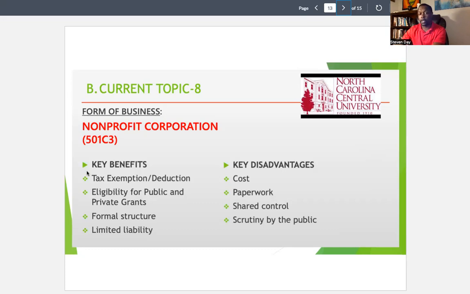There's a formal structure, and there's limited liability as well. The disadvantages are cost and paperwork. You have to have all your i's dotted and t's crossed for the government, there's shared control, and also high scrutiny by the public because you're operating in a social space and you're there to do community-based, mission-driven work.